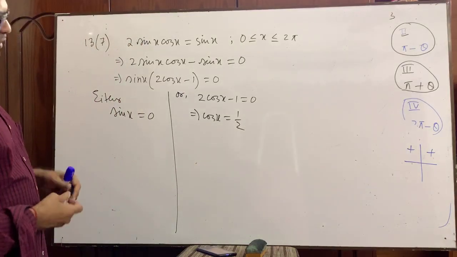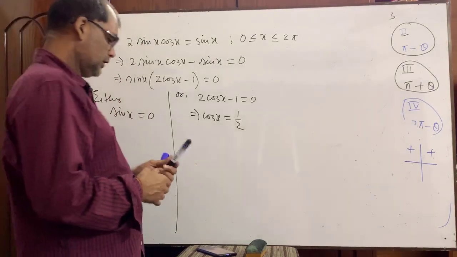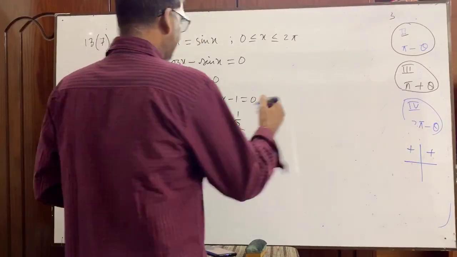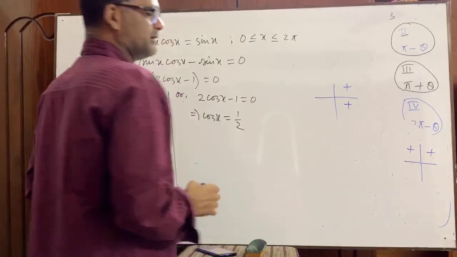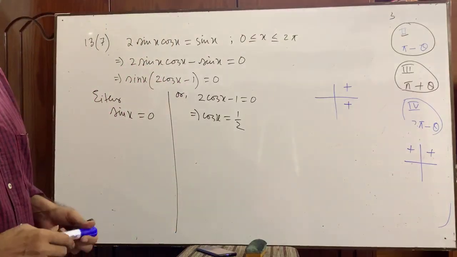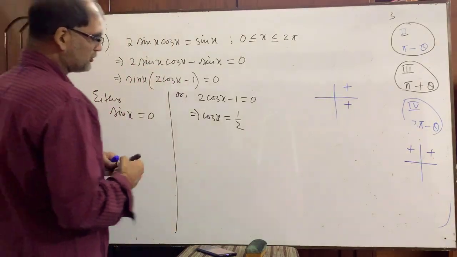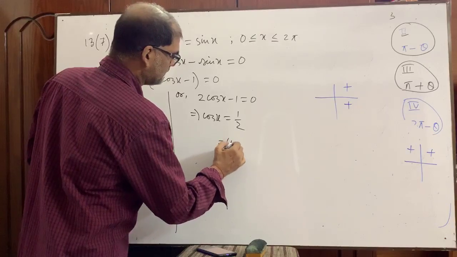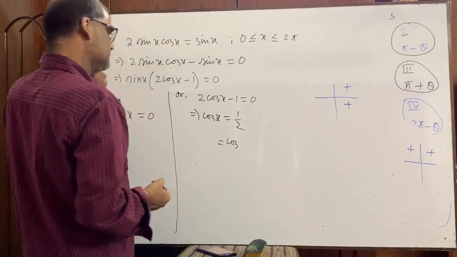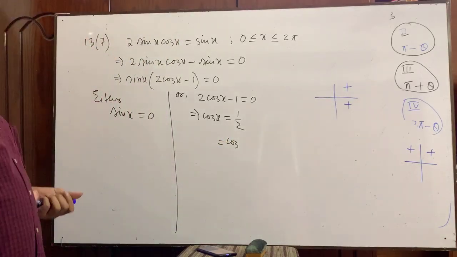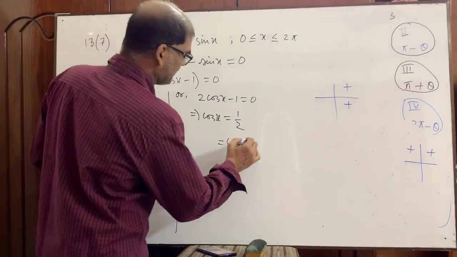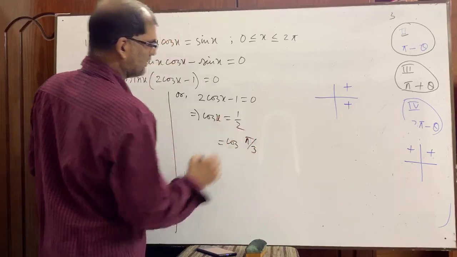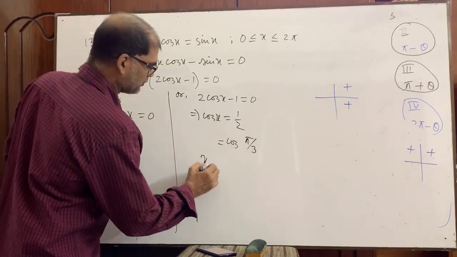Where is cosine positive? Cosine is positive in the first quadrant and in the fourth quadrant. Very good. So we can write here, half is what? 60 degrees, that is pi by 3. So we can write cos pi by 3. So x equals pi by 3.